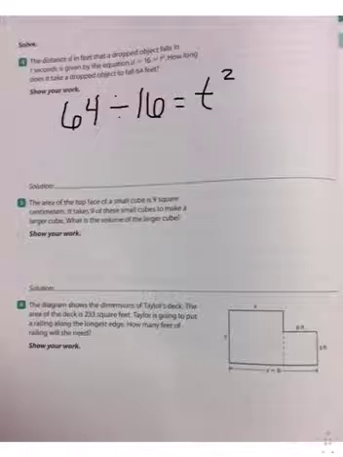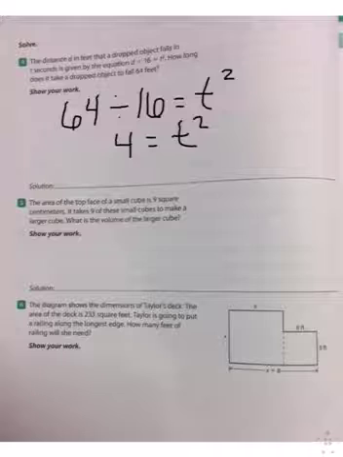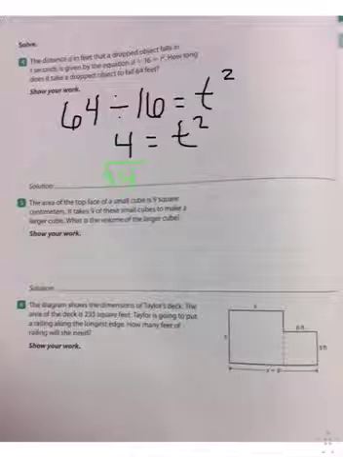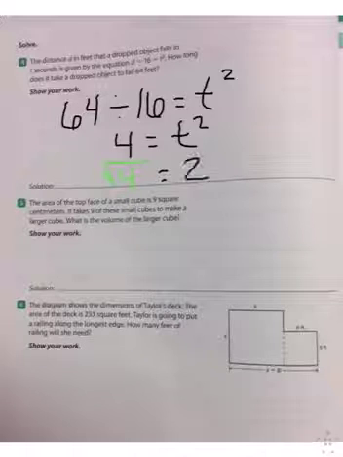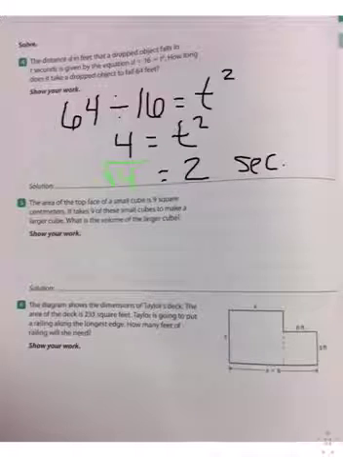When we divide 64 by 16, we should get an answer of 4. And so 4 equals t squared. If we're squaring it, we want to do the opposite, so we're going to take the square root of 4, which is 2. Our answer is 2 seconds, because if we went backwards, we would do 2 squared, which would give us the answer of 4.